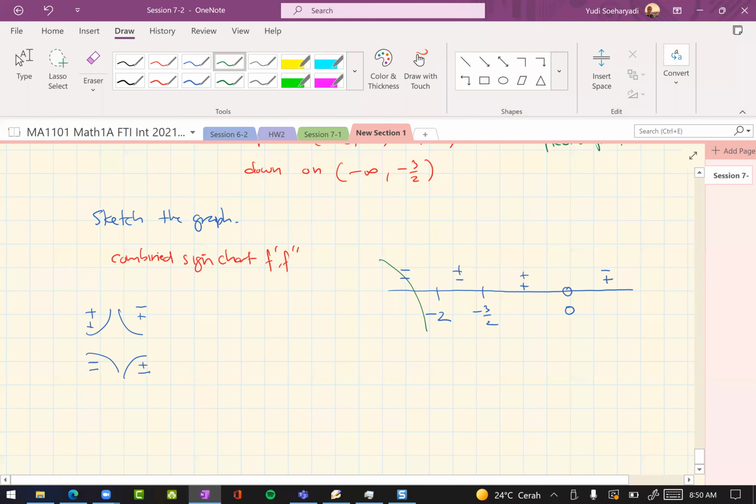Plus, minus means like this. Plus, minus, is that correct? Something incorrect. Okay, we'll find out. Plus, plus means this, and minus, plus.